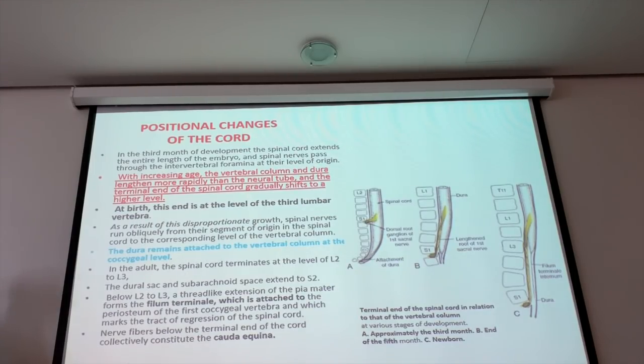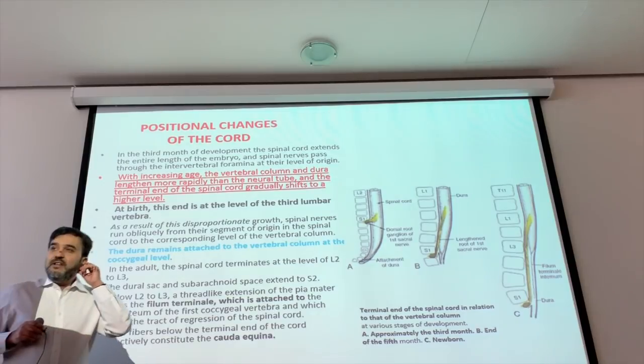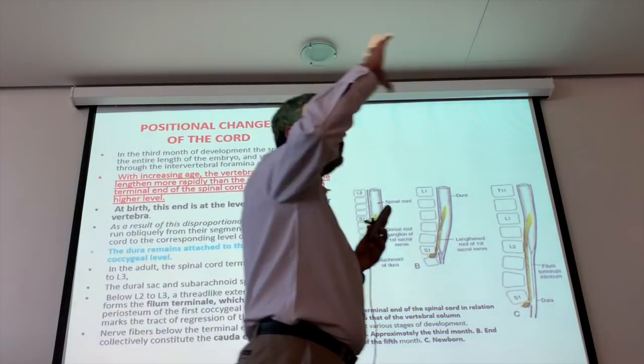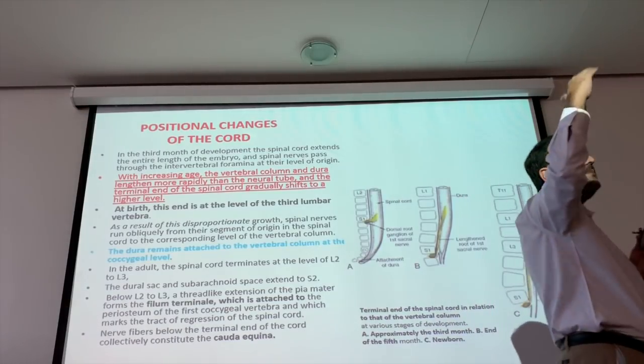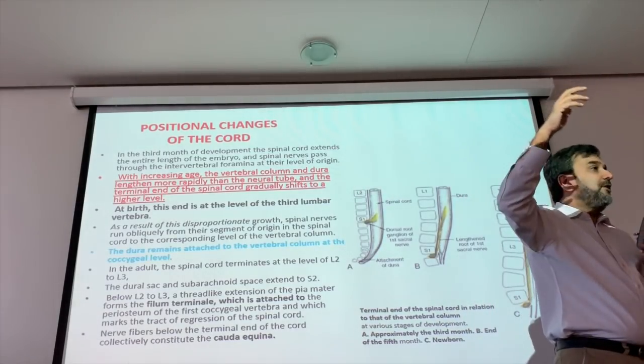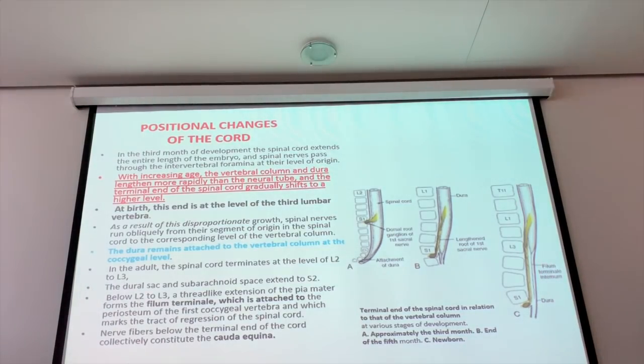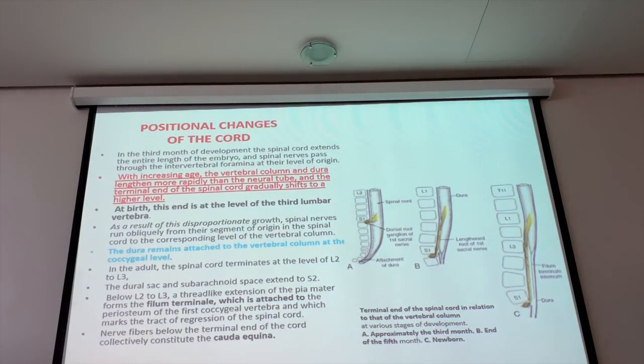Okay. Next is the positioning of the spinal cord, which is important. You know that the spinal cord in the initial part of the development of the embryo is going to run throughout the vertebral column. So from the foramen magnum till the coccyx, you would have the spinal cord.